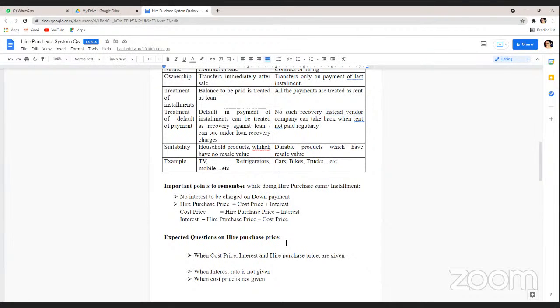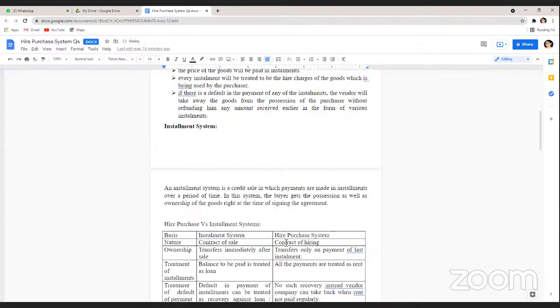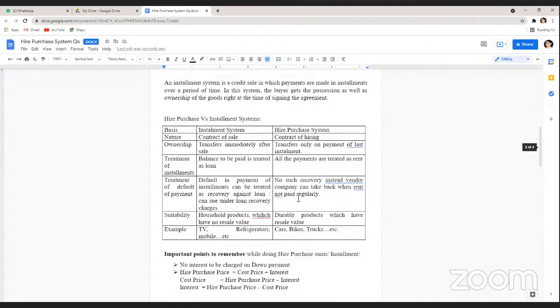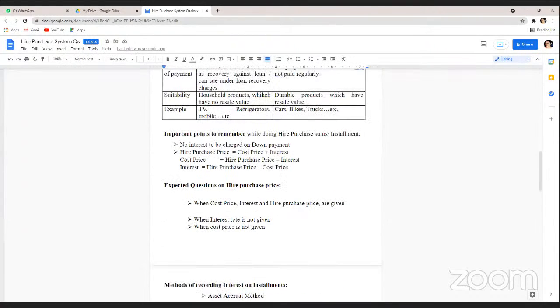Okay, in the time in which you made the down payment, upon the down payment there is no interest. Whenever you pay the down payment, we don't pay interest upon the down payment. The interest starts from the first year ending.